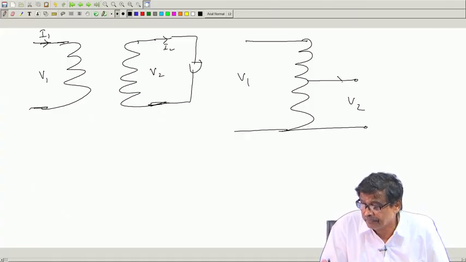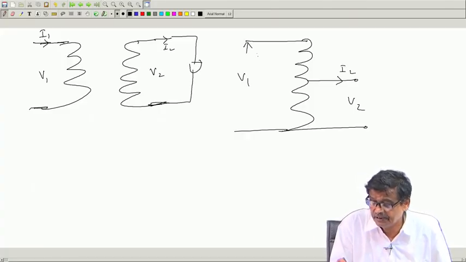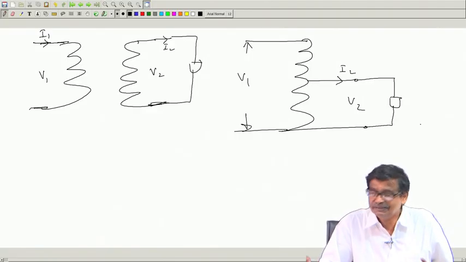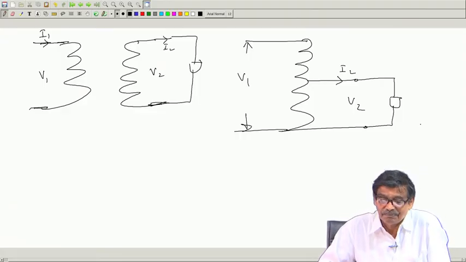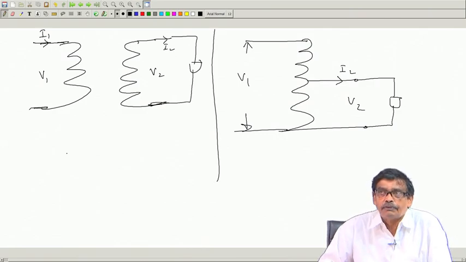But here let us see, suppose they are delivering rated current, primary current is also drawn rated, and here also the same thing, here it is V1, and it is supplying load. Everything is fine, same job is being done by two winding and auto transformer.